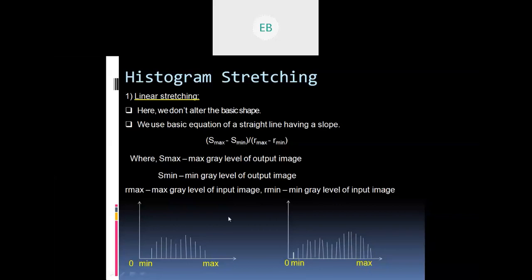So here, this is x, this is y. Calculate it as S max minus S min.